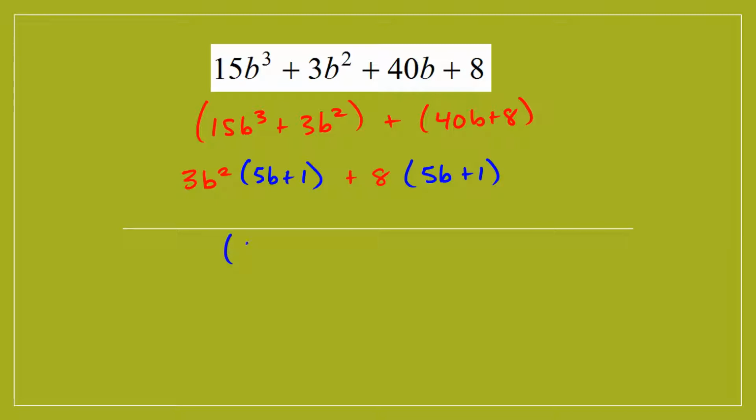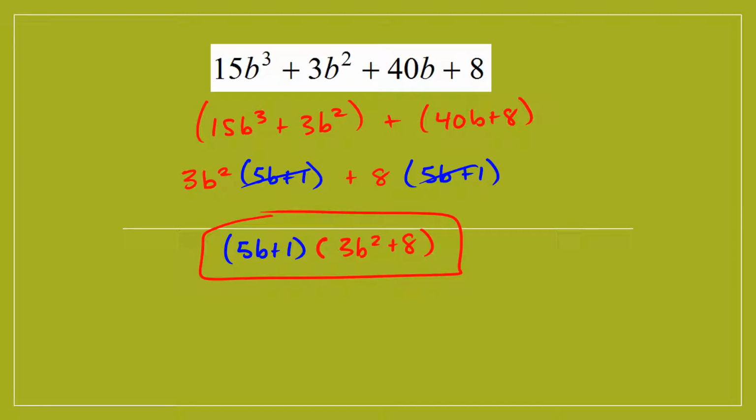So you can see the common factor there, 5b plus 1. And if I factor that out, my remaining binomial would be 3b squared plus 8. So there's the final answer. We would check for GCFs, make sure it can't break down farther.